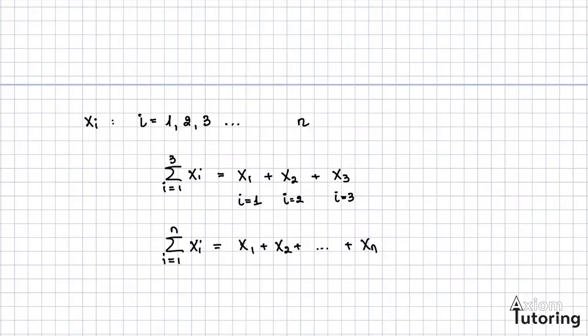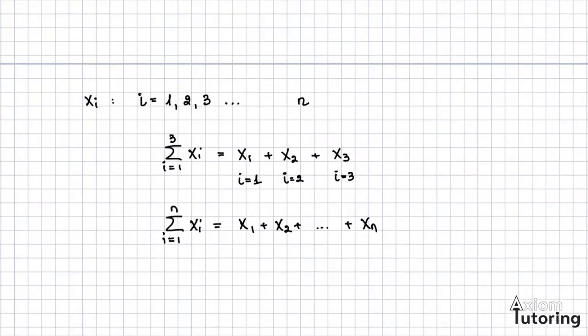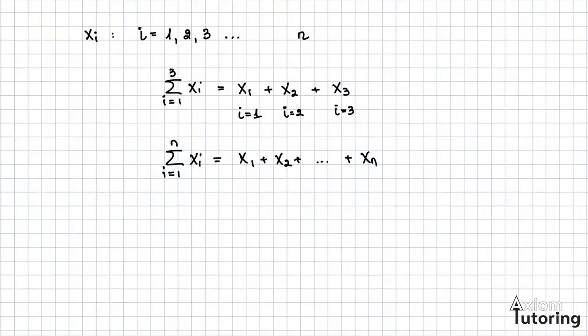Okay? Now, let's move to the first property that would relate to the constants. And we've seen this being used quite a lot, especially in the proof of the first order condition with respect to the beta 0. So for any constant, let's say C, but keep in mind, a constant, you can give it any name, A, B, and so on, as long as you mention that this is a constant.